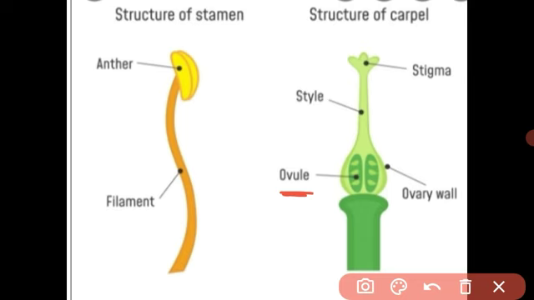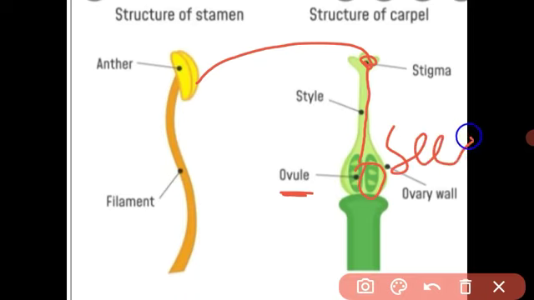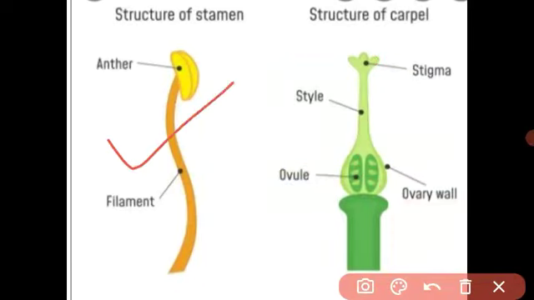Understood? When the pollen grains are transferred to the stigma, they grow through the style, and in that way the male cells reach the ovules. When the pollen grain and ovule fuse, they form a seed, meaning the seed arises from the ovules. Understood, student? This is the male gamete, this is the female gamete.